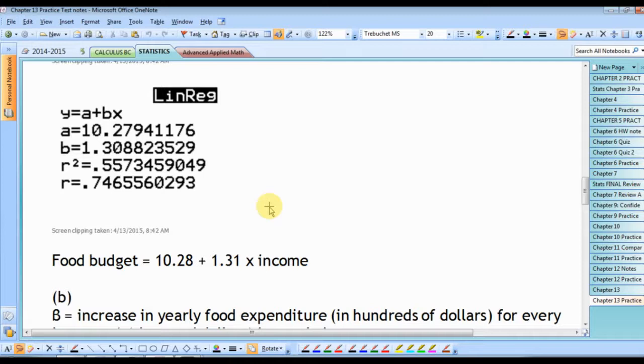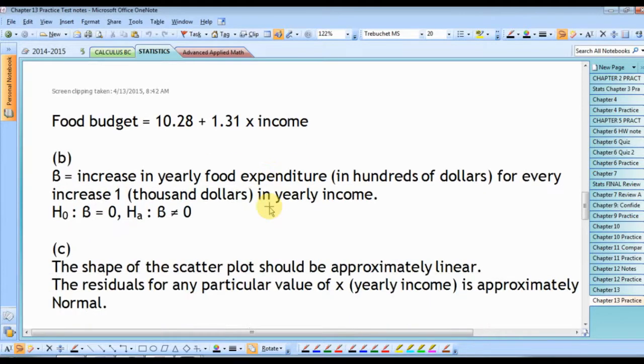Letter B, we're supposed to determine whether or not yearly income is a useful predictor. And if it is a useful predictor, what would be the appropriate set of hypotheses? Okay. So first thing is we're going to be using beta, really.